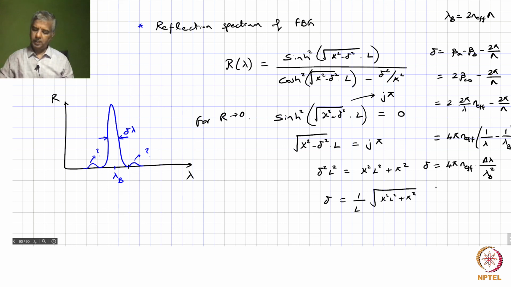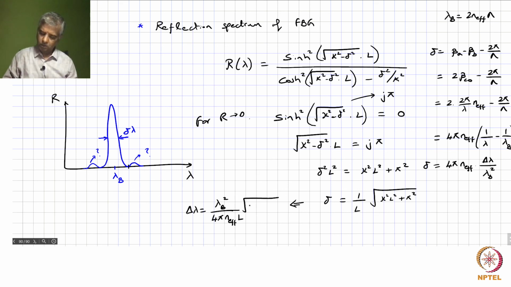So, you can substitute this over here, and if you do that, you get an expression for delta lambda, which is given by lambda b square over 4 times pi times n effective, and in the denominator you have L also, root of kappa square L square plus pi square.